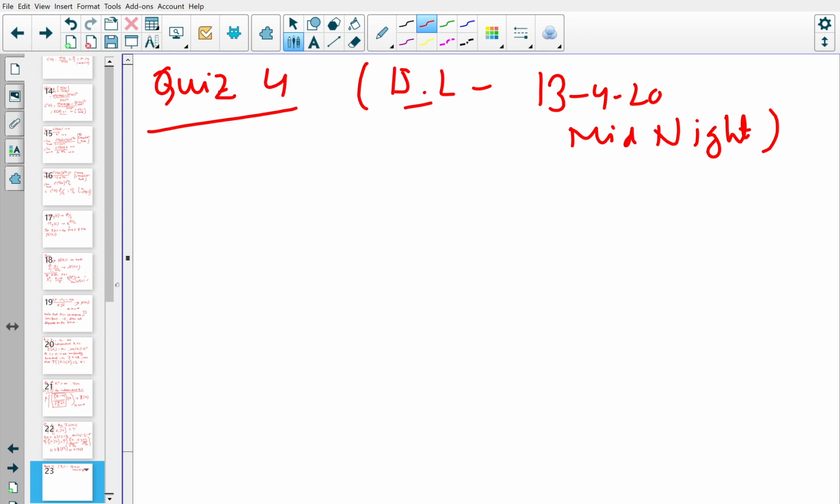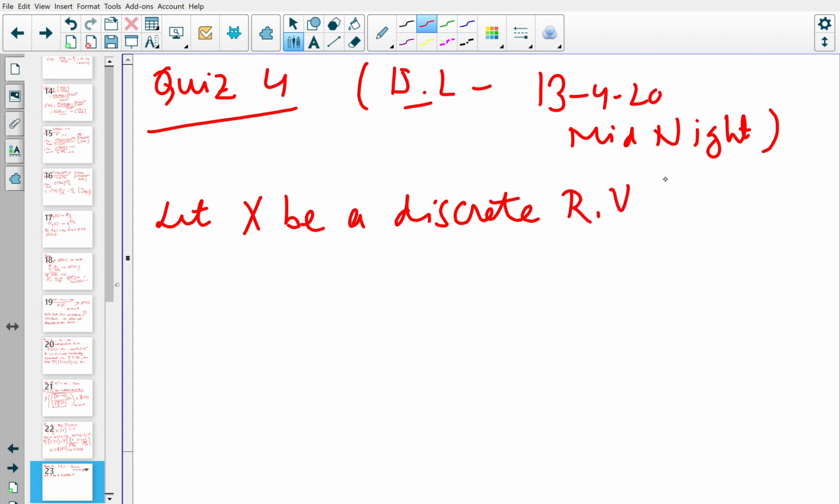So let X be a discrete random variable taking values 1, 2, and so on. What does that mean?